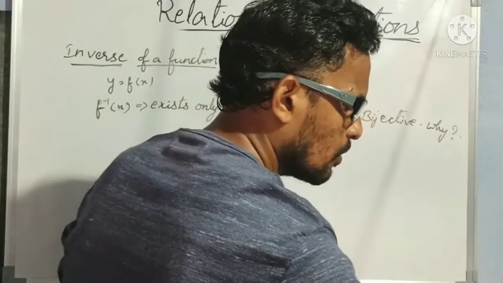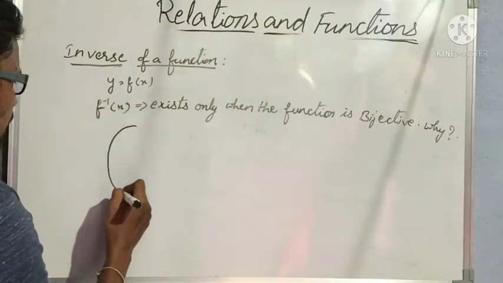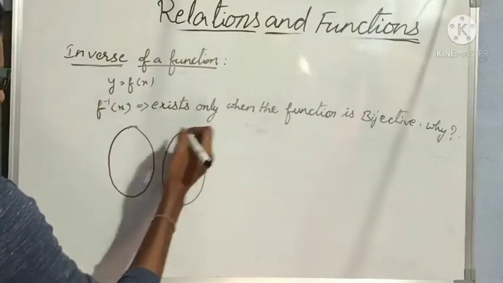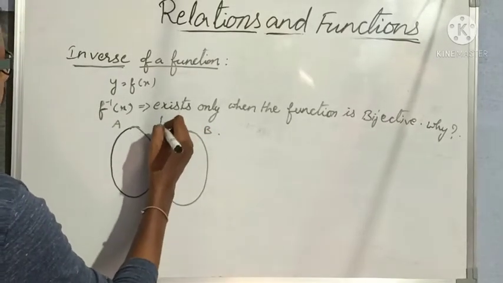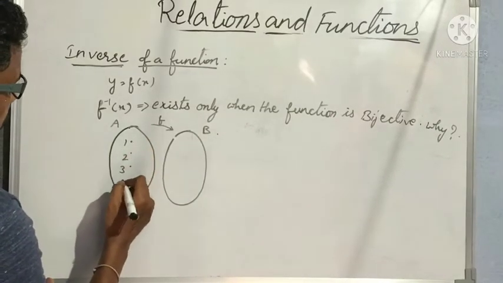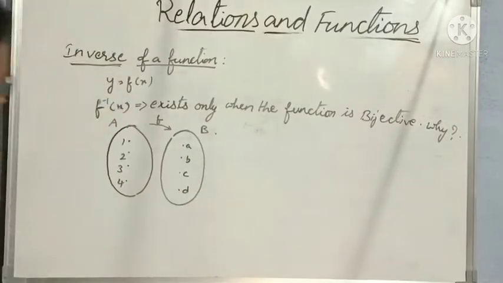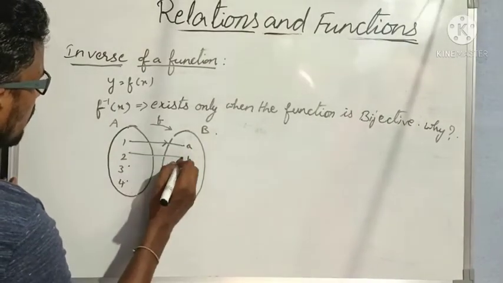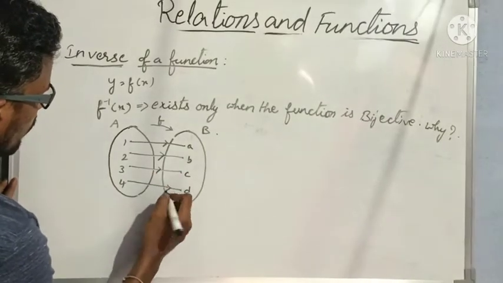Okay. So first understand what is a bijective function. Bijective function means one one function and onto function. Both together should be satisfied. Then that function is called bijective function. Suppose I am taking two sets A and B and I am defining a function f from A to B. I am taking elements 1, 2, 3, 4 inside A and a, b, c, d inside B. Now for every element of A I am giving a unique image in B. Yes.